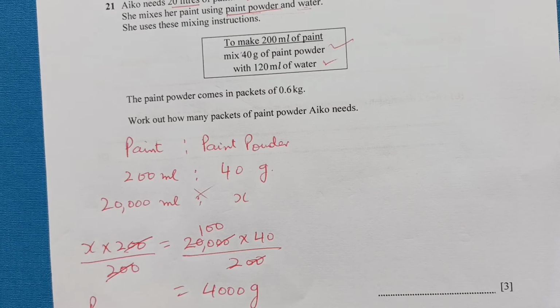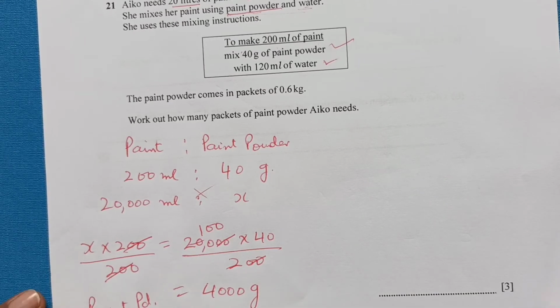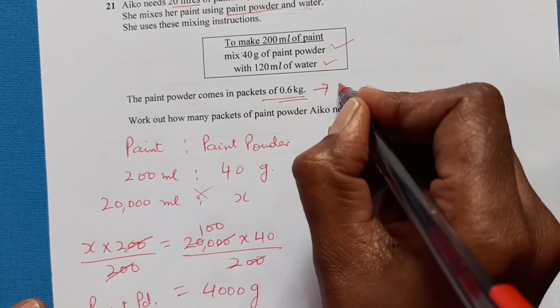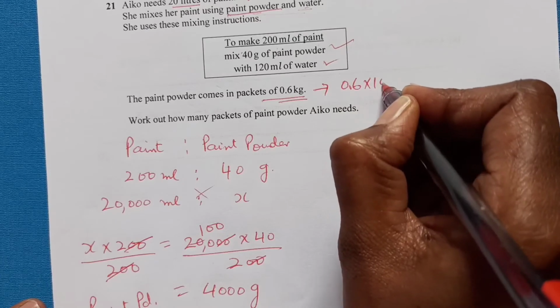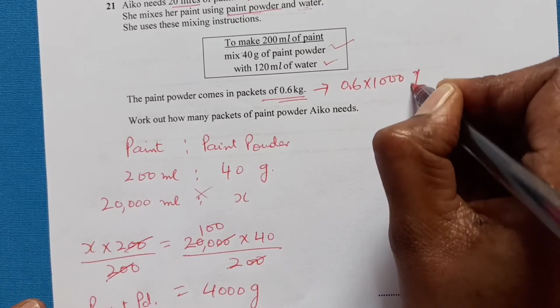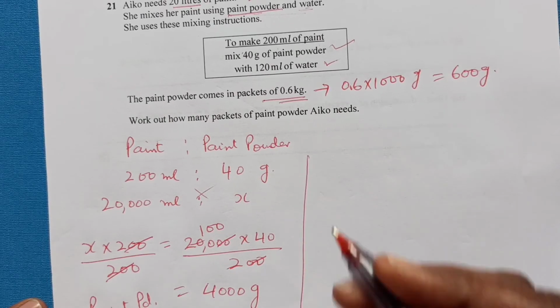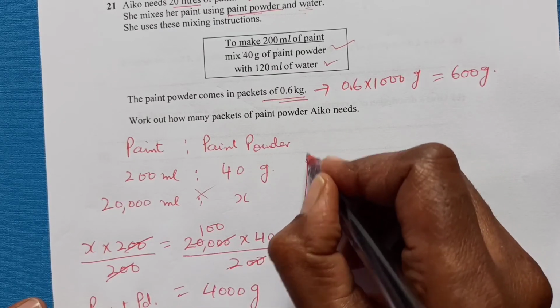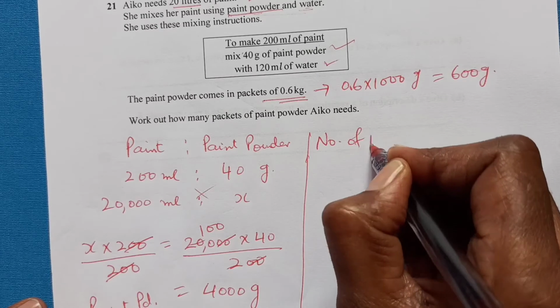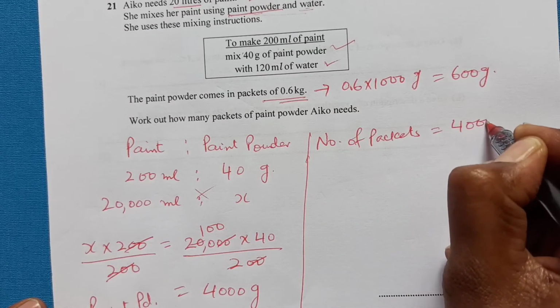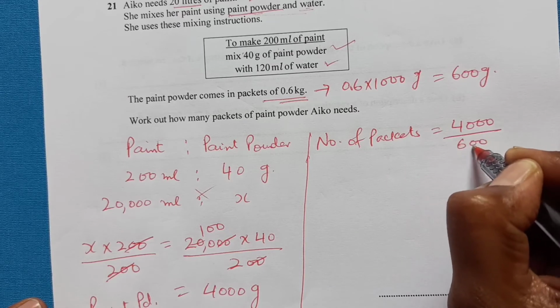So right, this is the paint powder. Now the packet is available in this size, which can be converted into grams. So it will be 600 grams. So how many packets are needed? The number of packets needed is 4000 divided by 600.